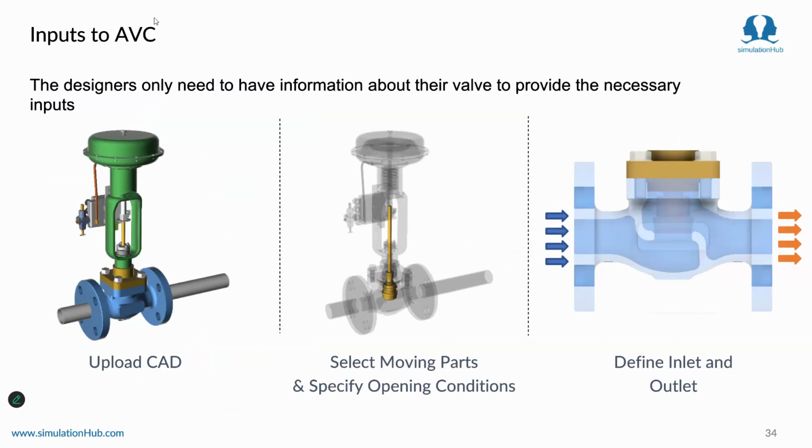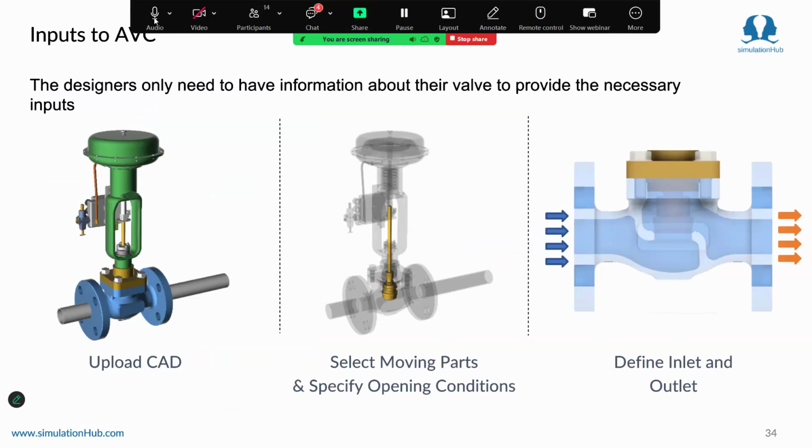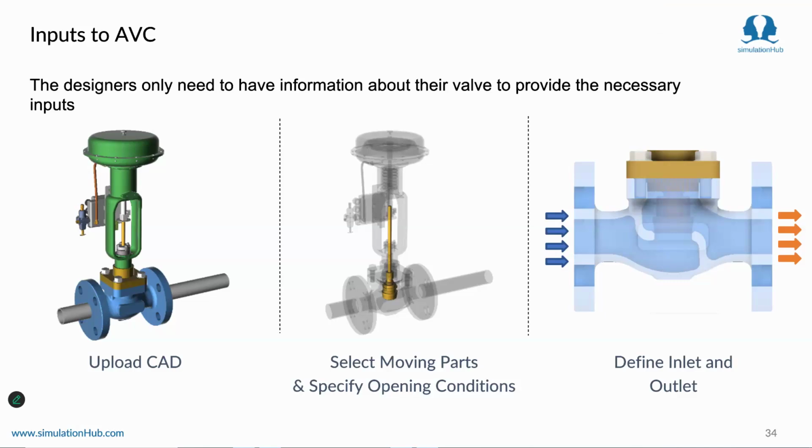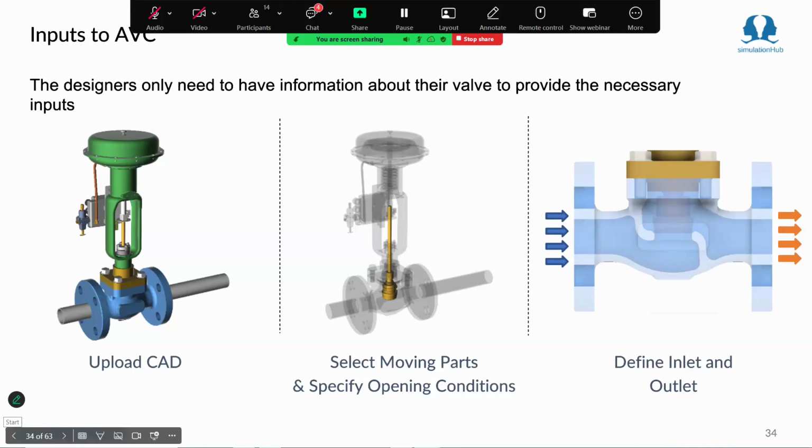Yes, thanks, Akshay. So here, just to summarize, what we take as an input from the user is the CAD model and the moving parts and the specific opening conditions for which you want to evaluate the CV. And then define the flow direction, whether it is a flow to open or close kind of thing.